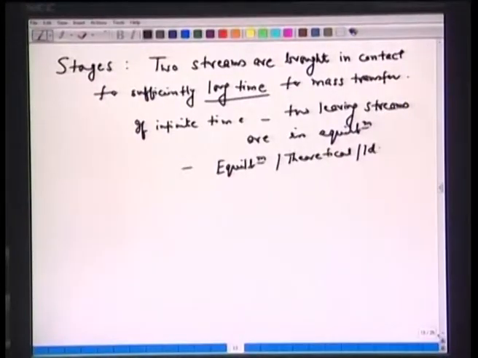Okay. So, all it means is the two leaving streams are in equilibrium, and we have given a very long or infinitely long time.